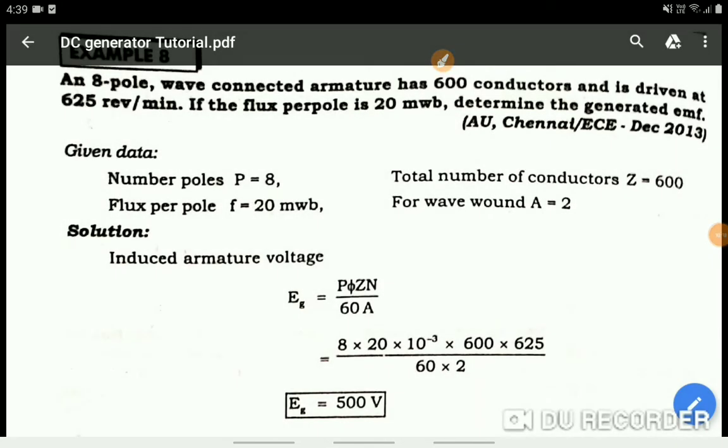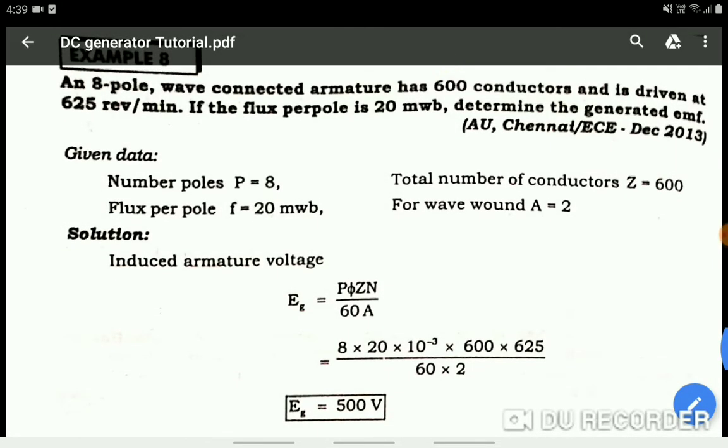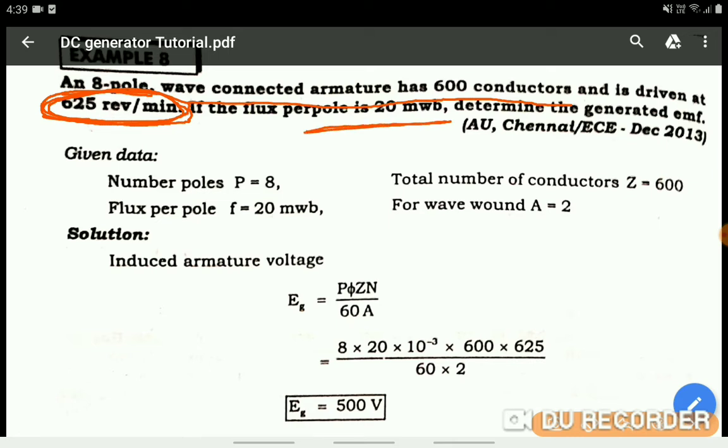An 8-pole wave connected armature has 600 conductors and it's driven at 625 revolutions per minute. So this is a detail which we can note, it's different from the other problem. And if the flux per pole is 20 milliweber, determine the generated EMF.